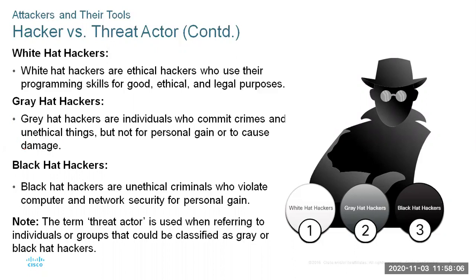But the black hat hackers, which are the worst, are usually unethical criminals who violate computer and network security for personal gain. The term threat actor is used when referring to an individual or group that could be classified as a gray or black hat hacker. And we're talking about threat actors. Okay?